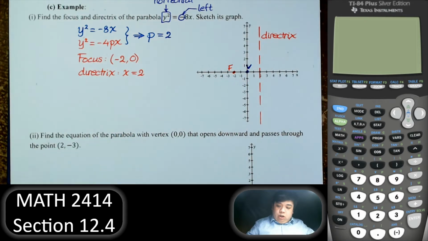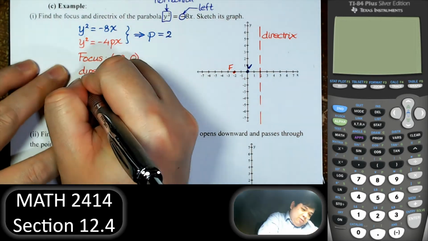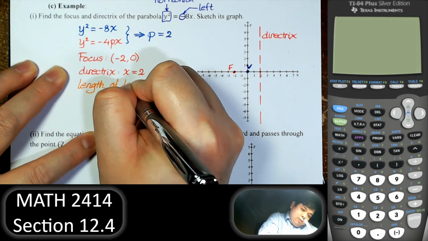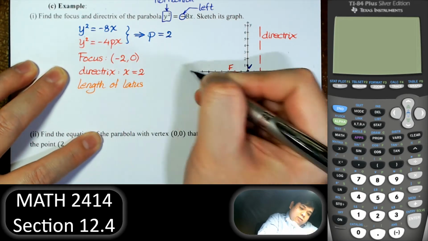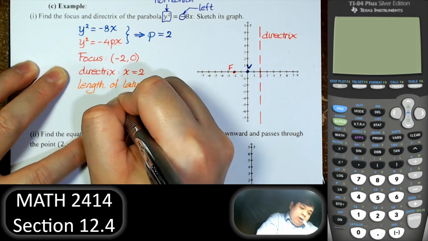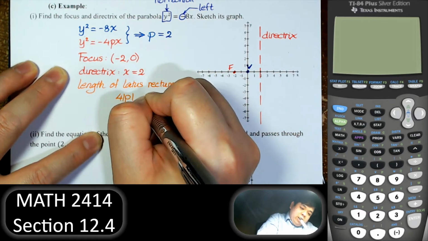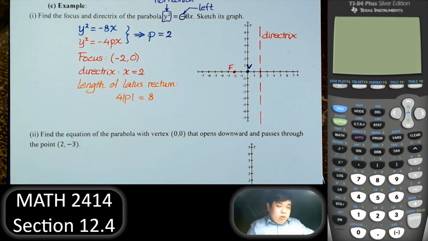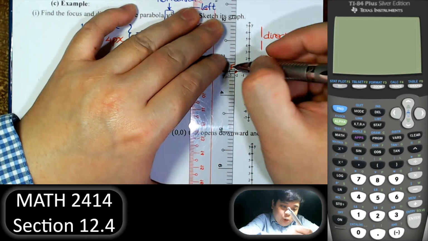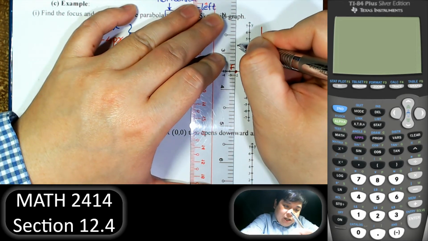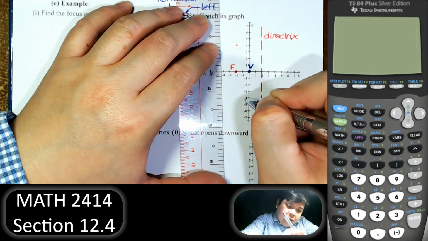If p is equal to 2, the length of the latus rectum is 4 times 2, which is 8. So we go through the focus, 8 in total, meaning that we go 4 up and 4 down.